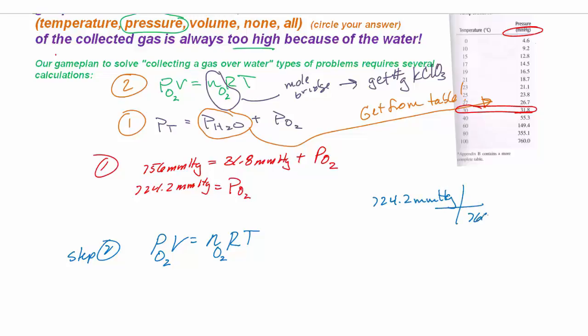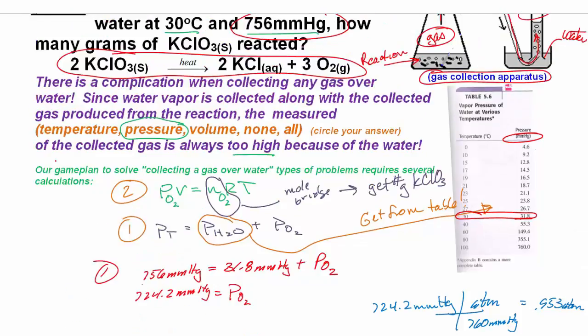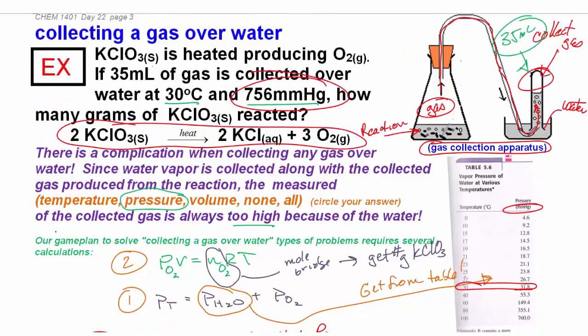So I have 760 millimeters of mercury in an atmosphere. That's about 0.953 atmospheres. So 0.953 atmospheres times the volume of the container. The volume of the container was 35 mL.